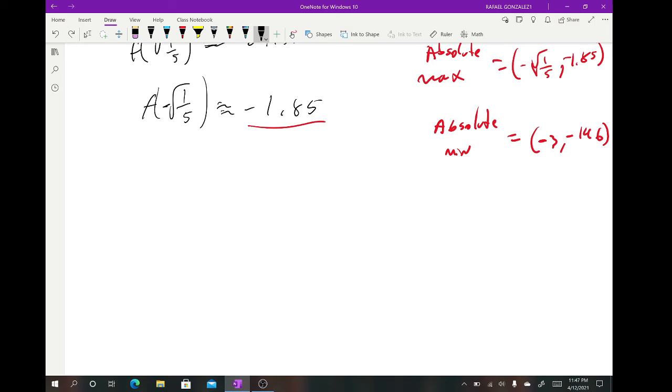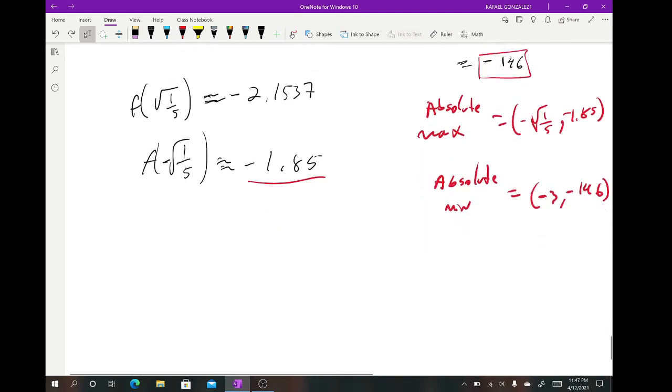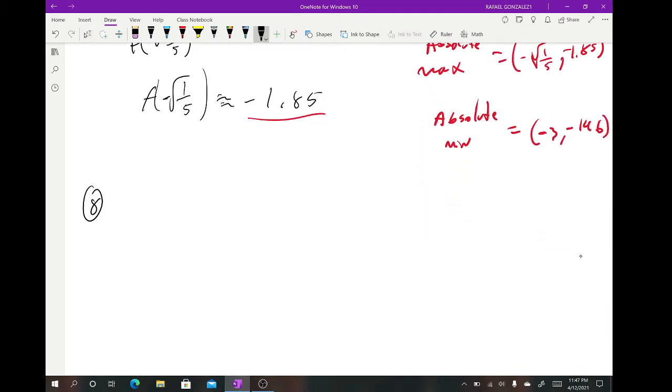What problem was this one? 7. So 8. So here we simply have to use the first derivative test to find the absolute max and the absolute minimum. Okay. Not the absolute, the local, the relative max and the relative min.